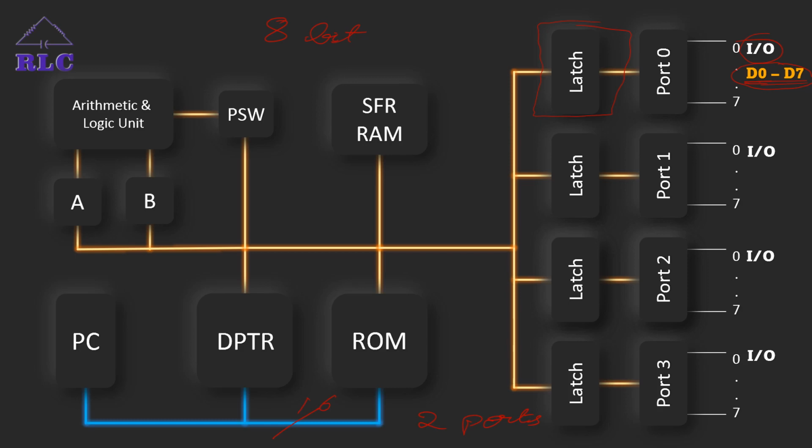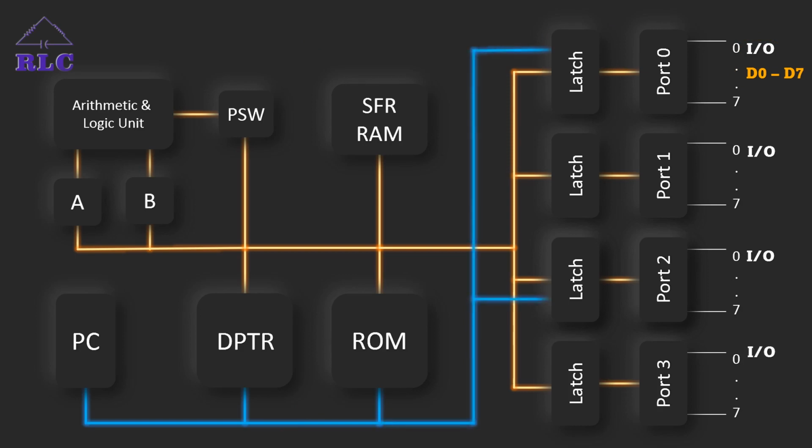So these address lines are connected to port 0 and port 2, which means both have address pins also.